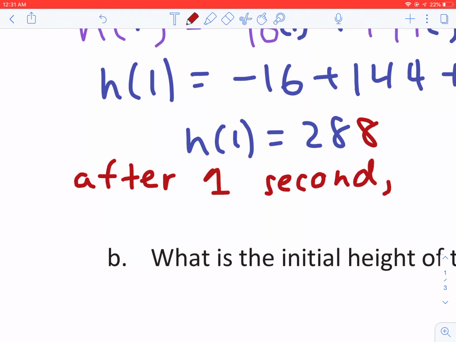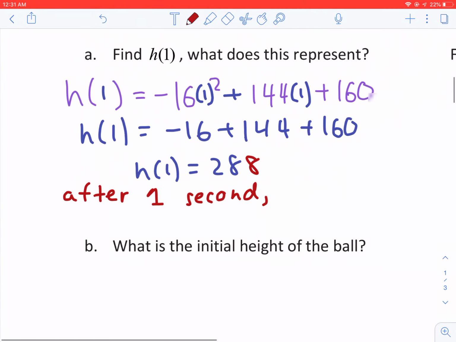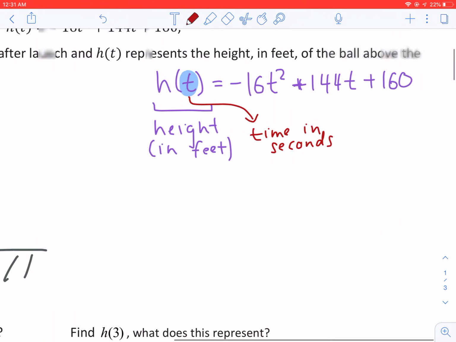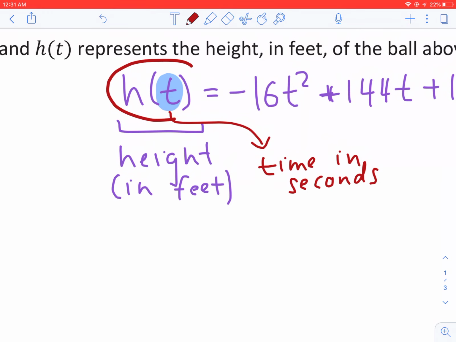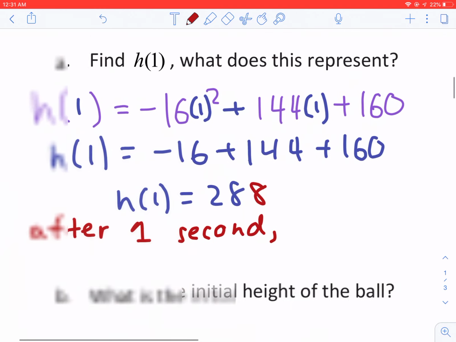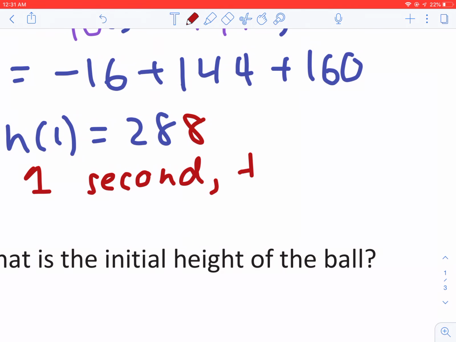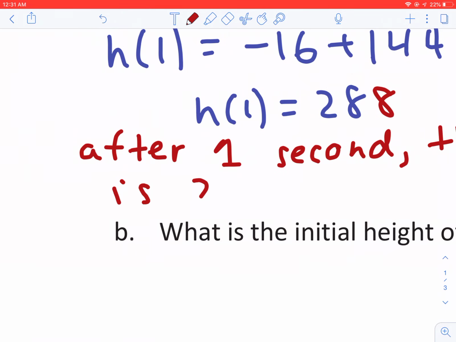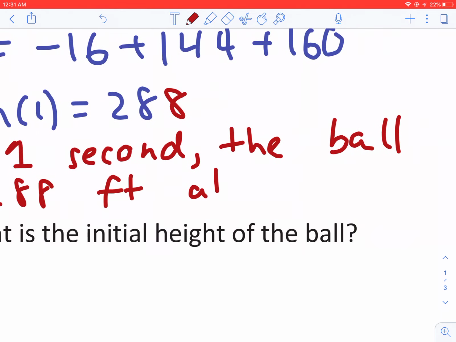After 1 second, the h value is 288. Well, what did that represent again? That is the height in feet. So we found after 1 second, when t was 1, the height was equal to 288. So after 1 second, the ball is 288 feet above the ground.